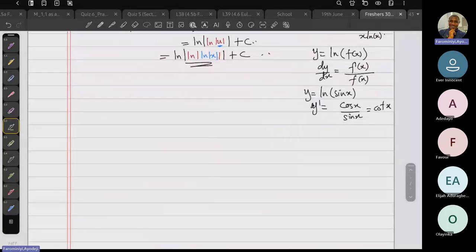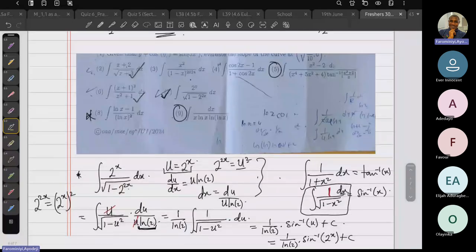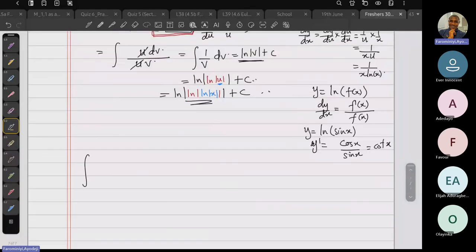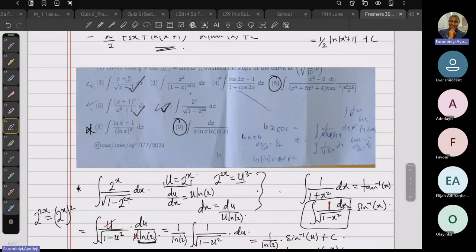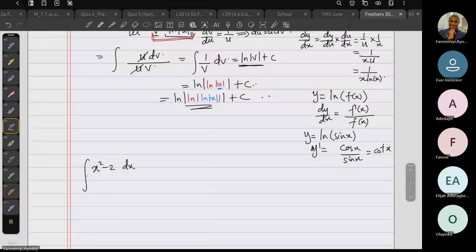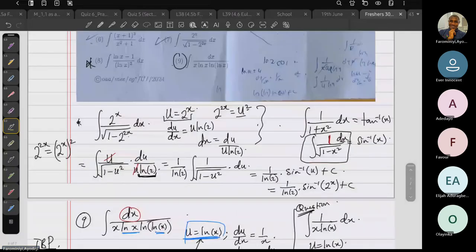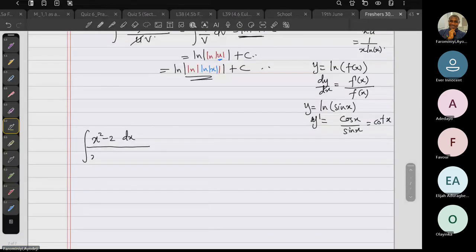So the integral of x squared minus 2 dx, then x to the power of 4 plus, okay, maybe I should just, so that I don't continue to scroll back and forth.